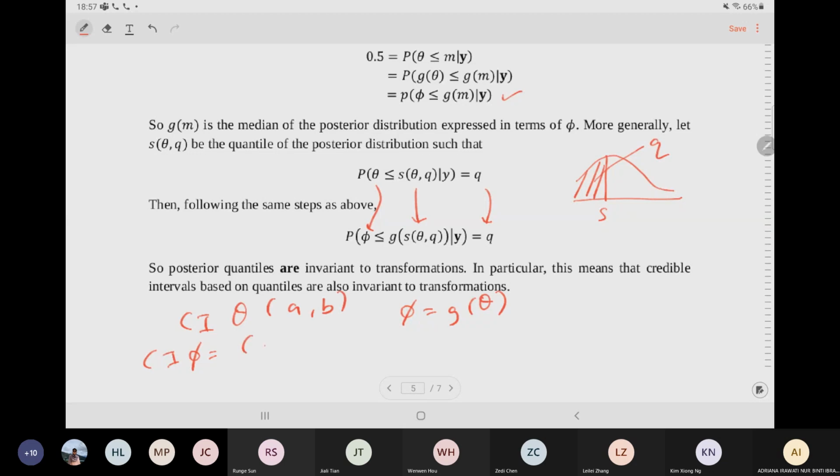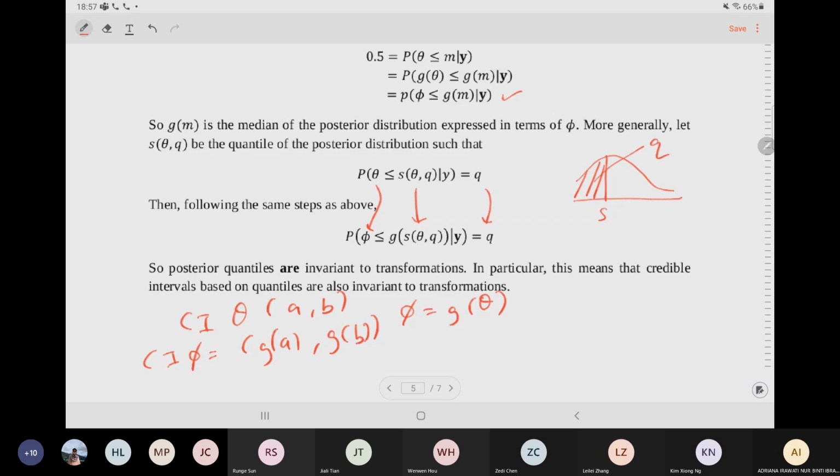So through transformation, I don't even have to find the distribution of phi. I just have to know the function g.